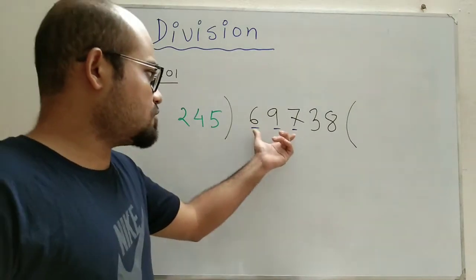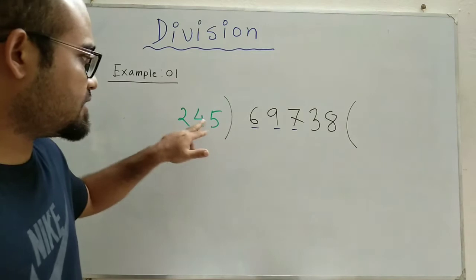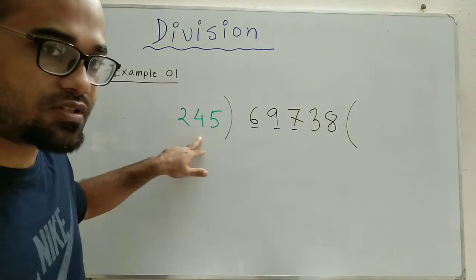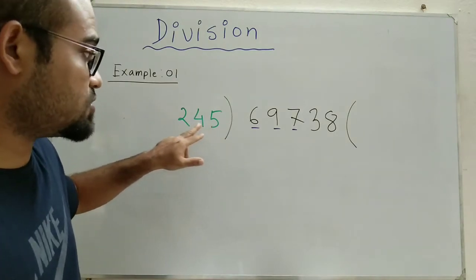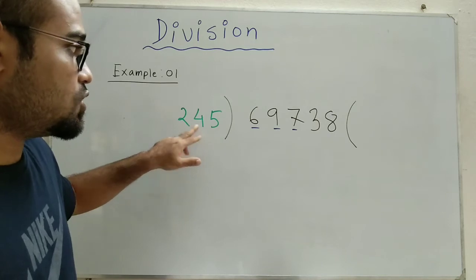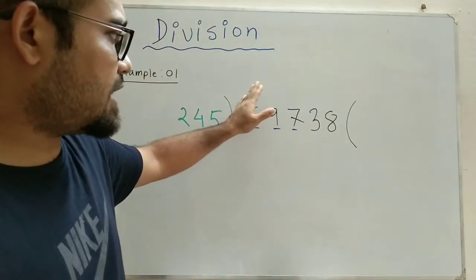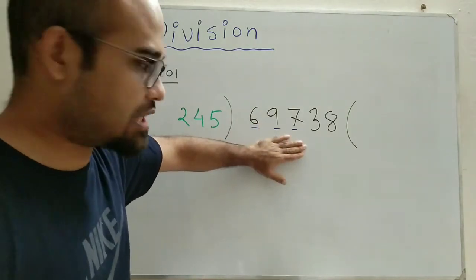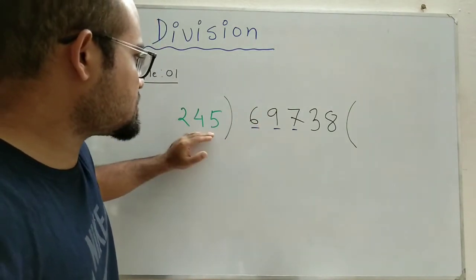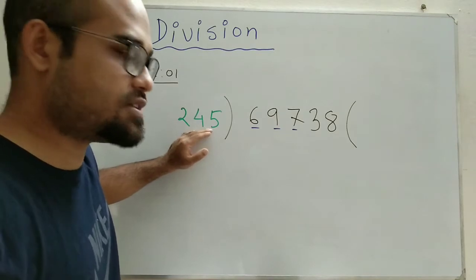Now the number so formed should be either equal to our divisor or greater than that. But what happens if, after picking up these 3 digits, our number is less than the divisor?